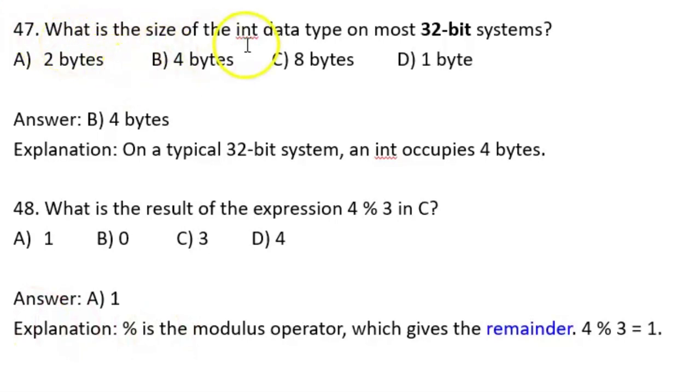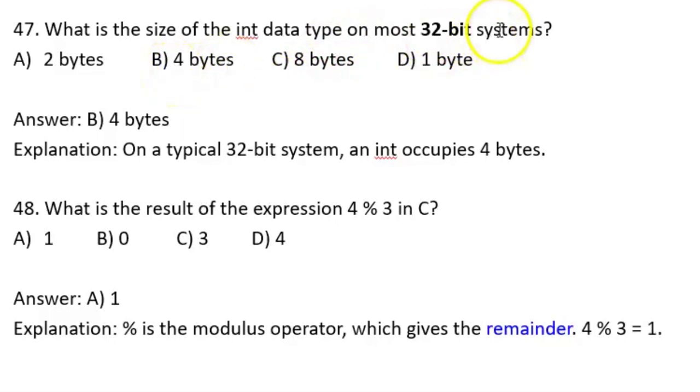Question 47. What is the size of the int data type on most 32-bit systems? A, 2 bytes. B, 4 bytes. C, 8 bytes. D, 1 byte.